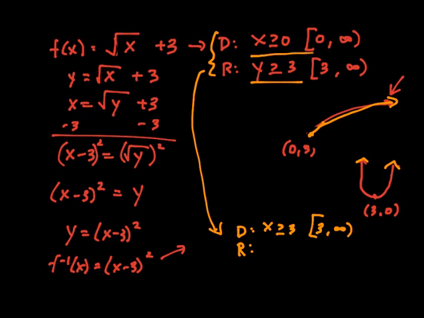And then for the range, we look at the domain, so y is greater than or equal to 0, so 0 to infinity. So, which means that it's only taking this portion right here of the parabola. The inverse is not this portion right here. Okay? That's all I wanted. Good job.